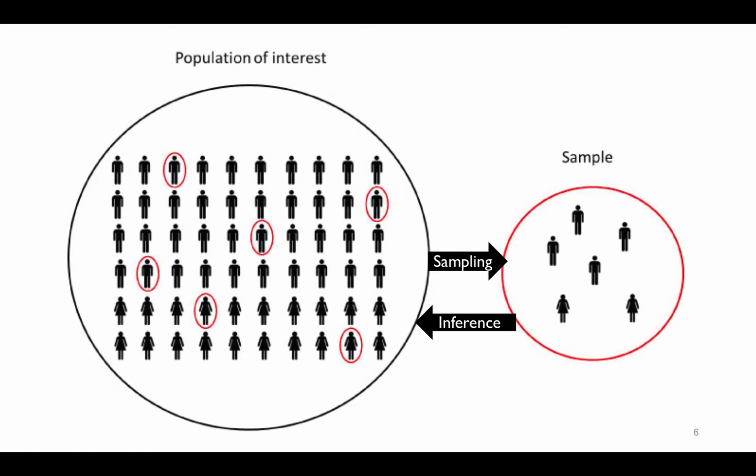And then what's going to happen is the researcher will measure something about these people, examine them, maybe put them into an experimental setup, whatever, and collect data on them and use the results of that data analysis to gain findings that are going to be generalized back to the population of interest. So that's what's known as inference.